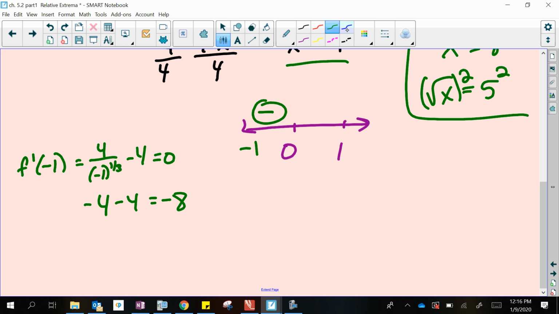What about between 0 and 1? What do we have to choose? 0.5, or 1/2? Okay. No, actually, that would be one answer.